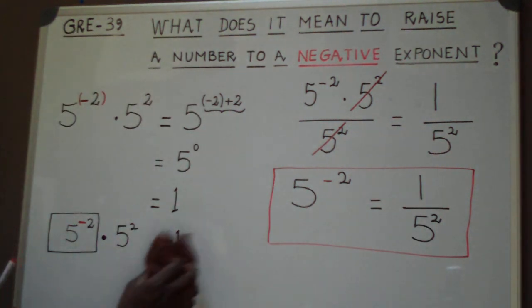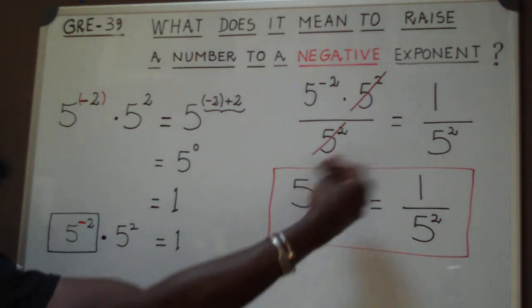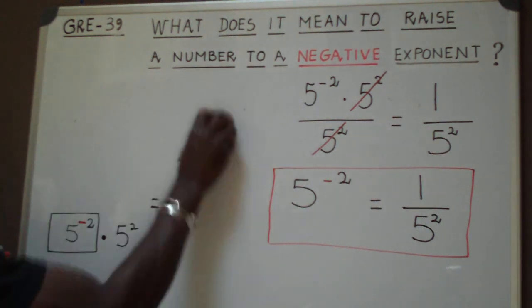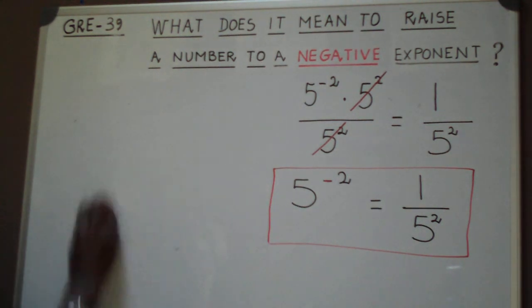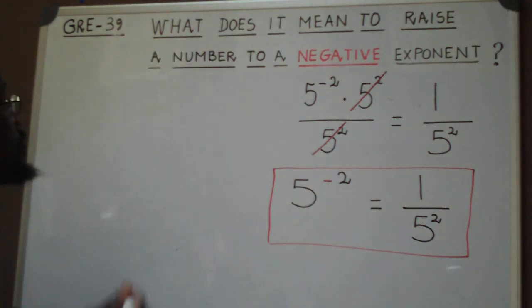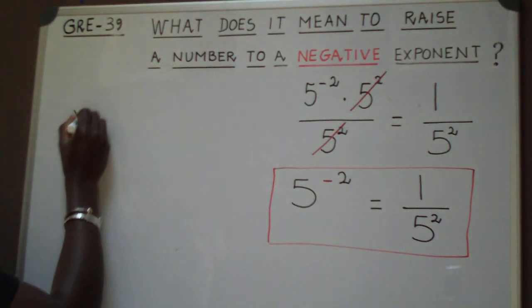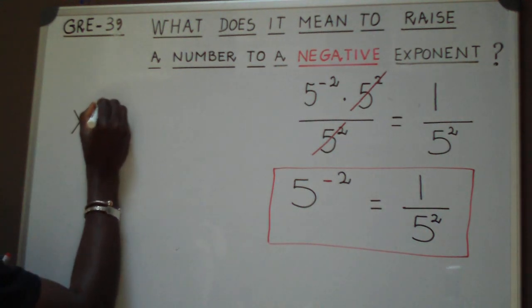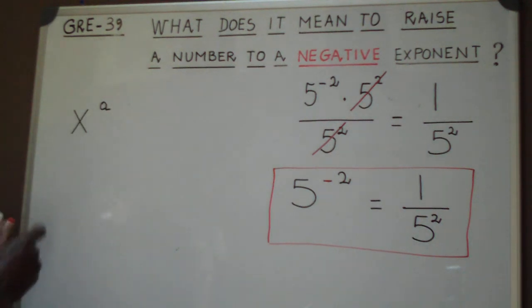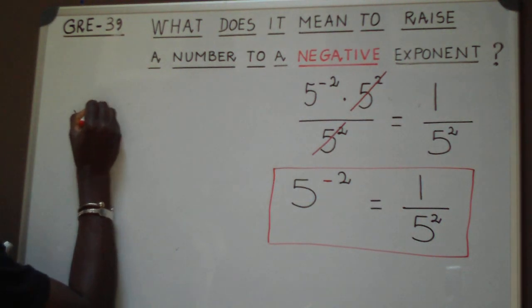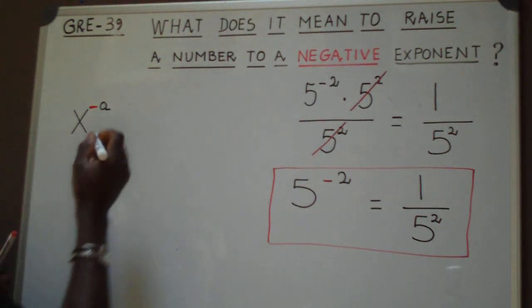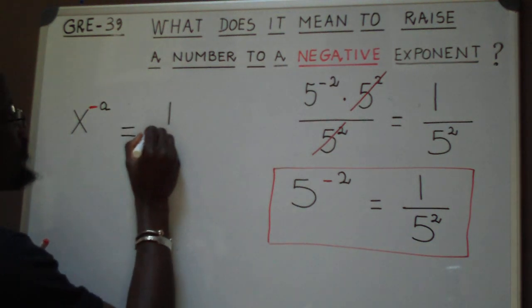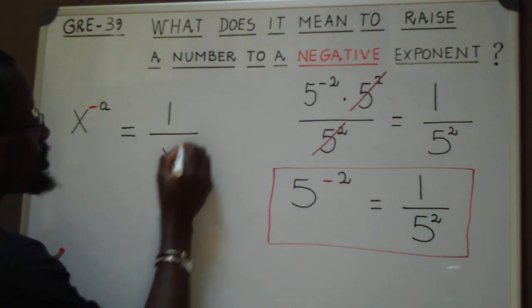Okay? So now to generalize this finding, I'm going to give you the general formula. What does the general formula say? Well, it says that if you have a number, as long as that number is not 0, and you raise it to an exponent which is negative, let's say negative a, what you get is simply the reciprocal or the inverse, some people say inverse, which means 1 over x to the exponent a.